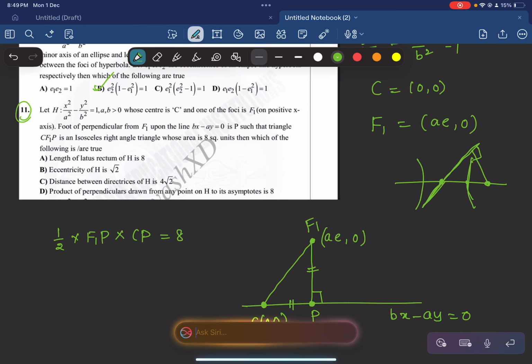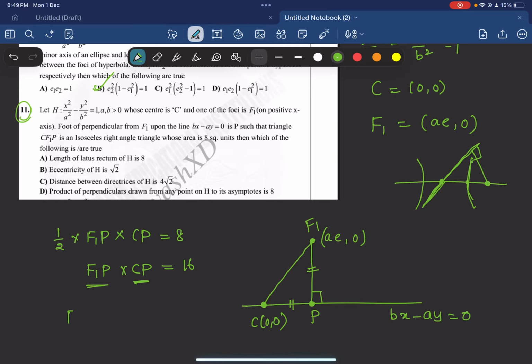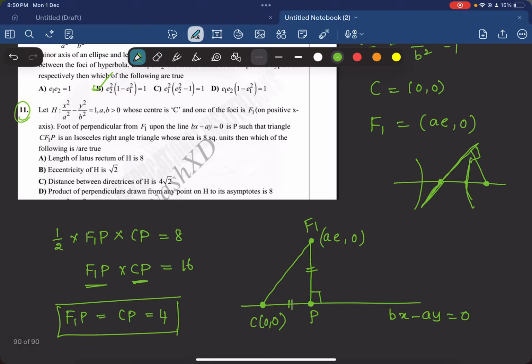So F1P multiplied by CP is equal to 16. We know F1P and CP are equal. So therefore F1P is equal to CP is equal to 4. So this length is 4 and this length is also 4. So therefore this length will be 4 root 2.